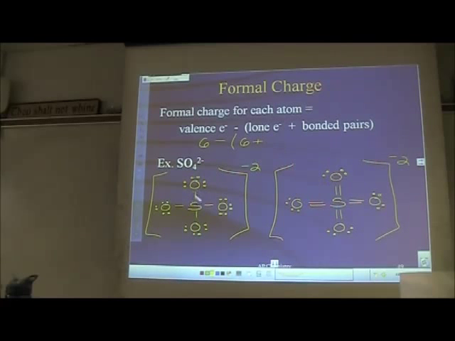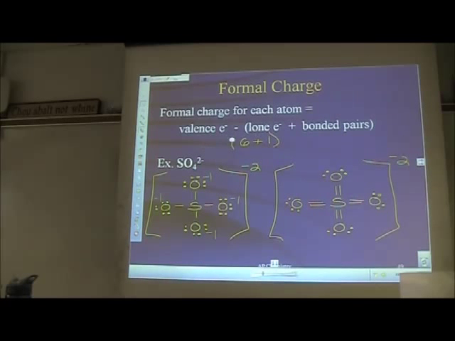Just one bonded pair next to it. So 6 minus 7 is -1. This oxygen has a formal charge of -1. So does this oxygen. So does this one. So does this one. Okay?